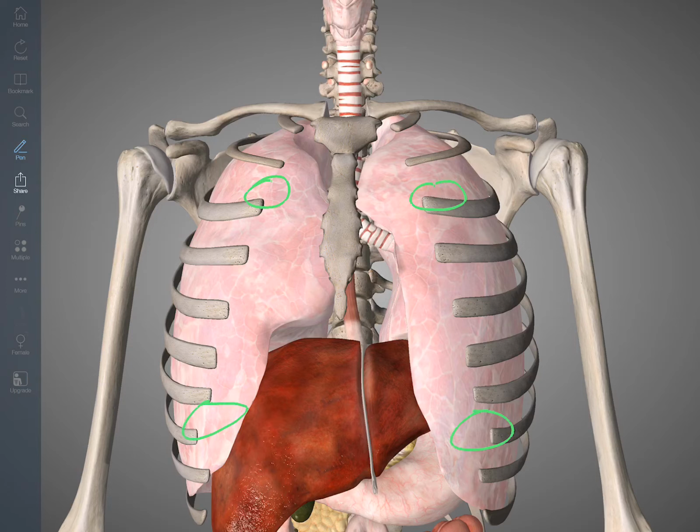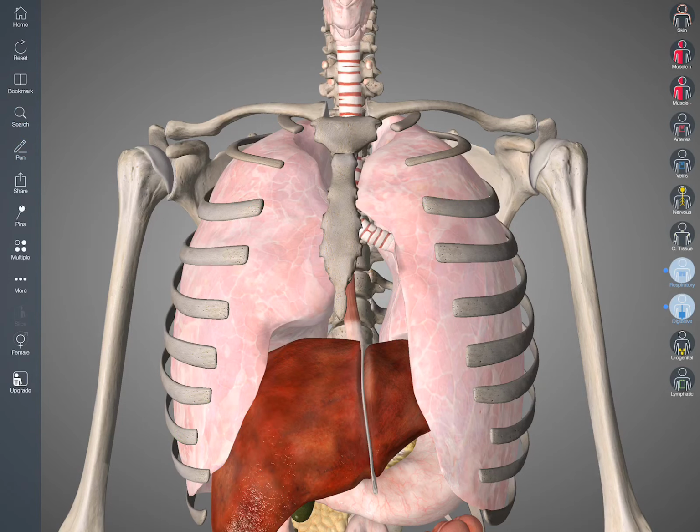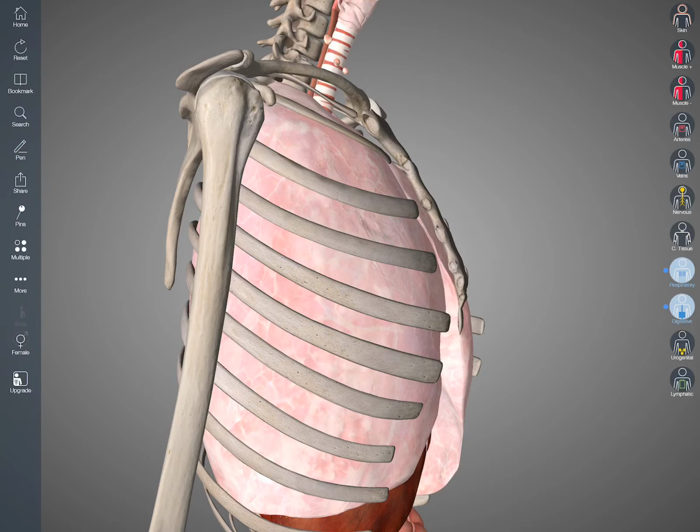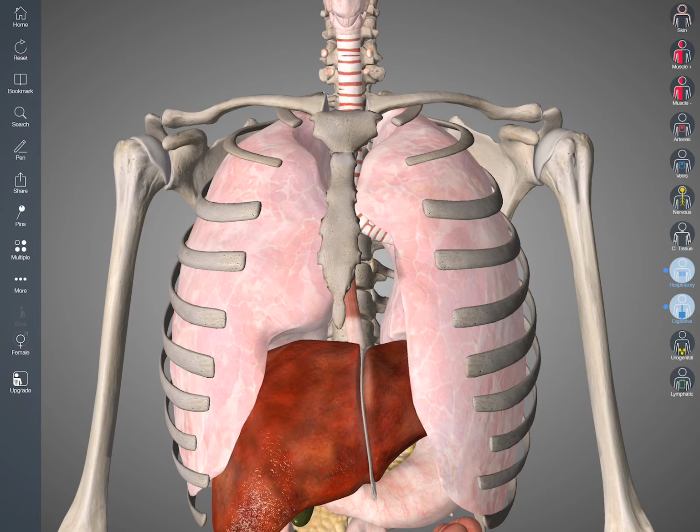So why we do that is we want to compare both sides, both apex and both base, as well as doing the mid-axillary area as well, bilaterally, both sides. Okay, so that's the chest area.